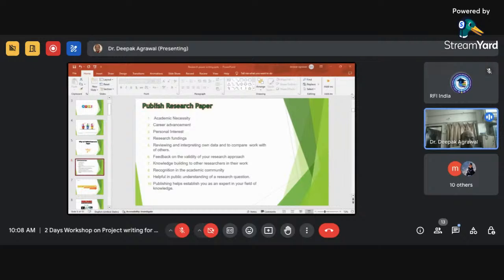It is going to improve your credit score, like the H index or maybe the I index, and it improves your credibility in the community. Next is knowledge building for other researchers in their own work. Whatever work you have published provides a base for others, so that they can think further and continue where you have left off.